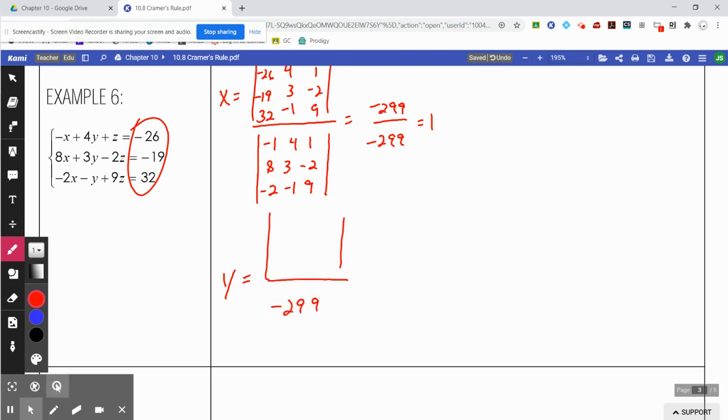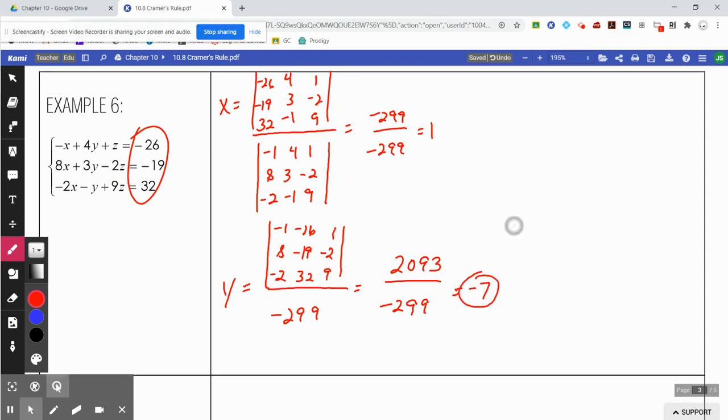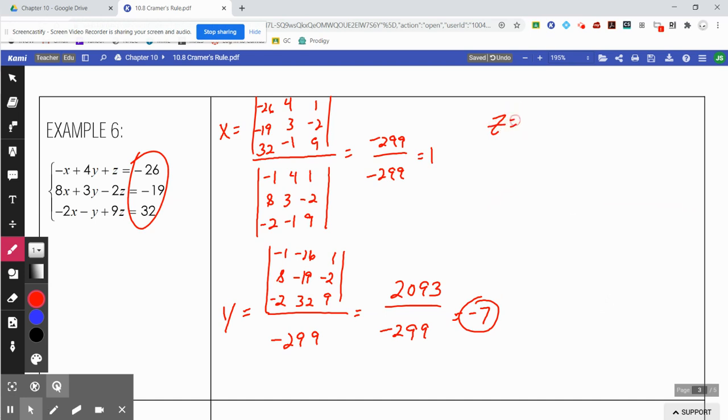The top, you take the exact same negative 1, 8, and negative 2, 1, negative 2, and 9, but we're going to replace our middle y column now with negative 26, negative 19, and a 32. Finding the determinant of the top gives you 2,093, and again, the bottom stays the same. So when you divide that, you're going to get a value of negative 7. Our Z answer.